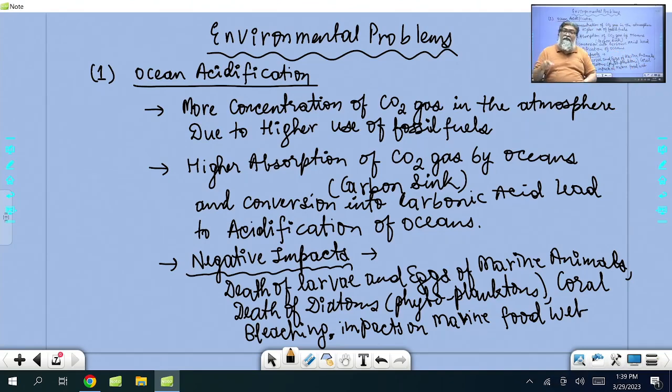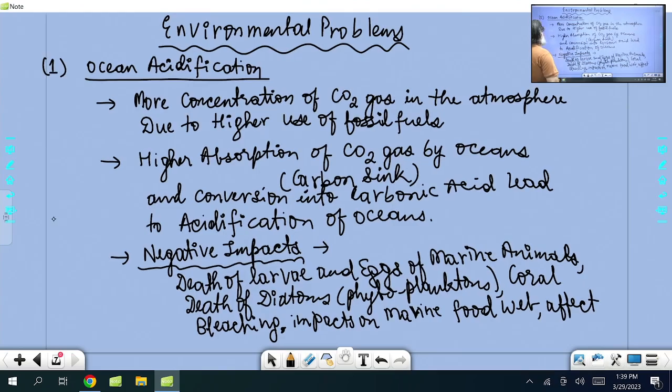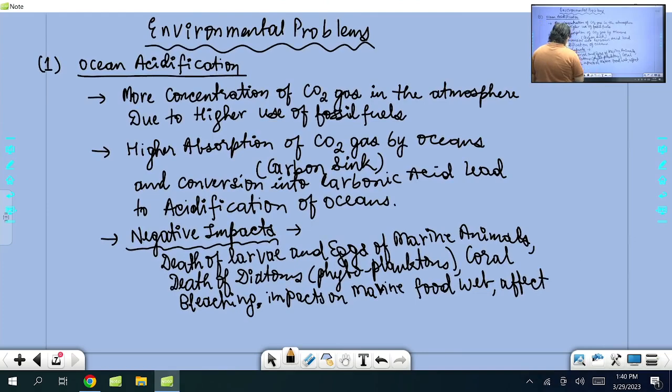Another very big impact because of ocean acidification is on atmospheric cloud formation. That will get impacted. Why will cloud formation be impacted?